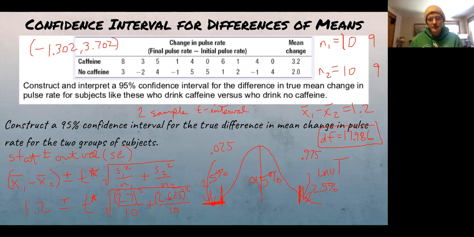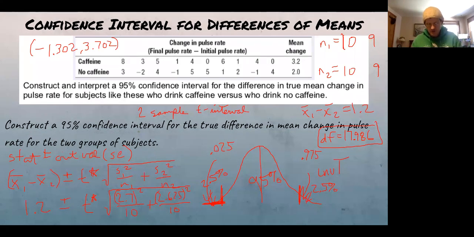So I'm going to put in 0.025. Again, you can find this at the top of table B where it says tail probability. You can just see for 95%, it's going to give you 0.025. Okay, so 0.025 is the area.